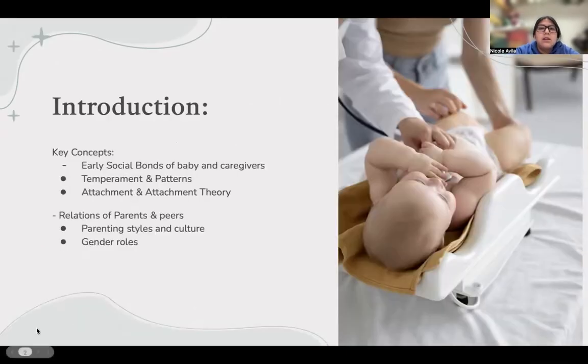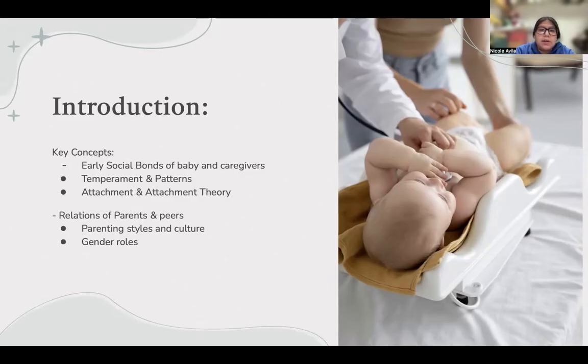Okay. So, for my introduction, I'm going to be talking about the key concepts of what I'm going to be going over in my presentation. We're going to be talking about early social bonds of babies and their caregivers, the different types of temperament and patterns, attachment and attachment theories and examples of that, how it could affect a child and the different kinds of attachment that there are.